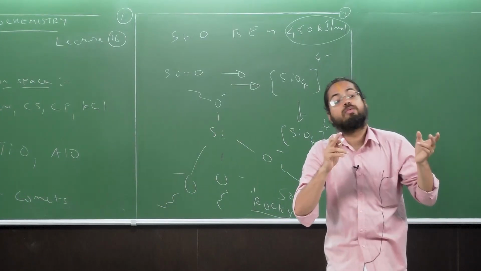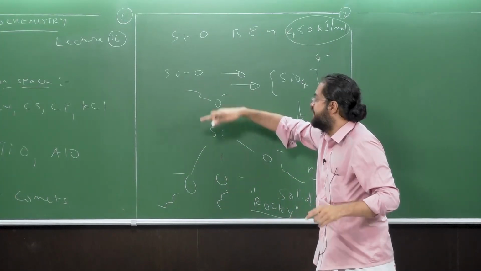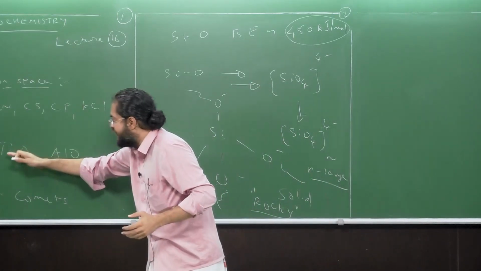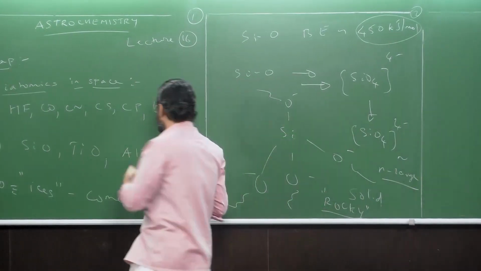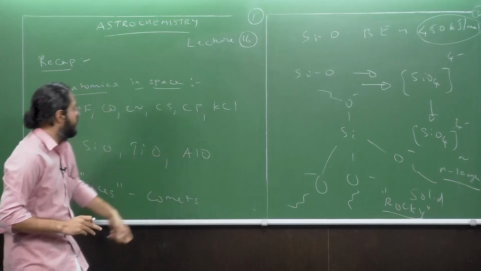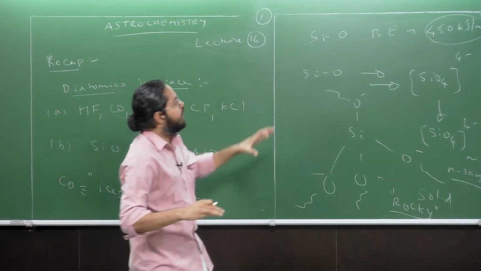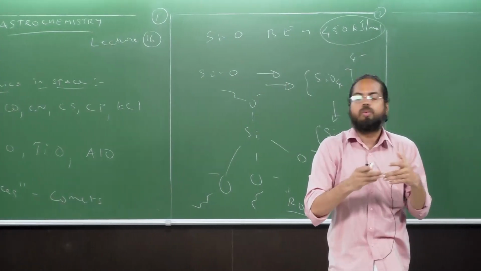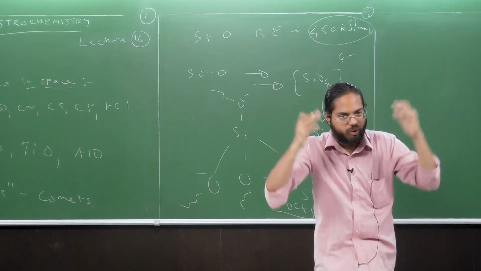But this is one example of a chemistry involved. It need not just be silicates. It can also be aluminum silicates, it can also be titanium silicates, etc. For example, you can form a polymeric unit from this diatomic molecule, as well as TiO, etc. But the net idea is that it's the accretion of enough of this mass that leads to the formation of a meteorite or an asteroid.